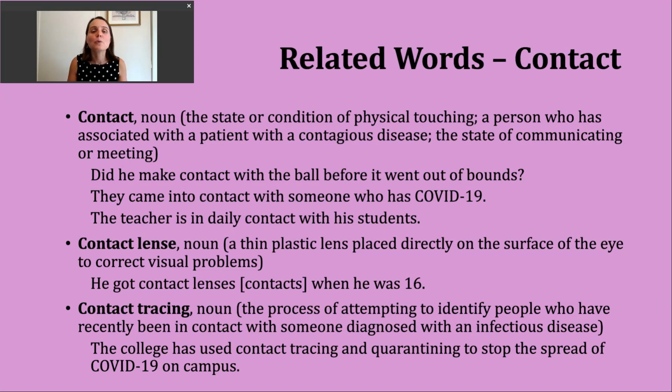They came into contact with someone who has COVID-19. So they have been near, associated, been close, maybe close without a mask in this case, and that's essentially what that means.